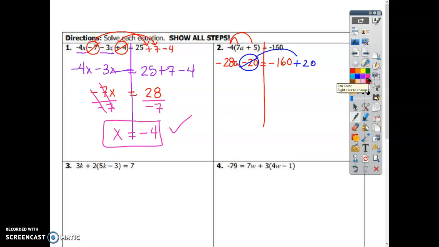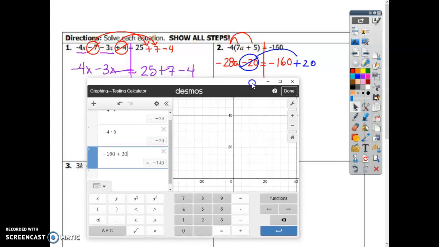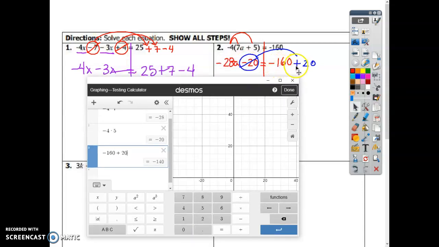Okay? So what's negative 160 plus 20? Negative 160 plus 20 gives you a negative 140.